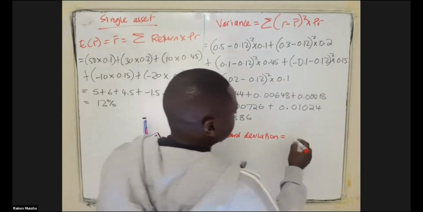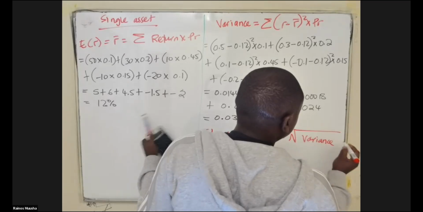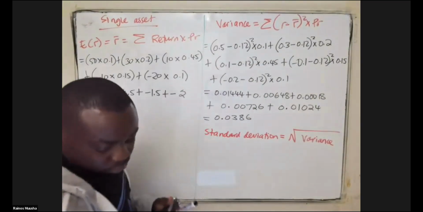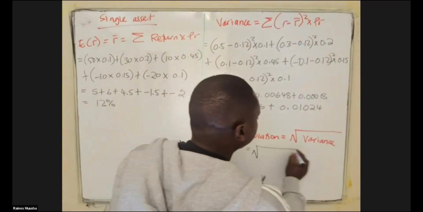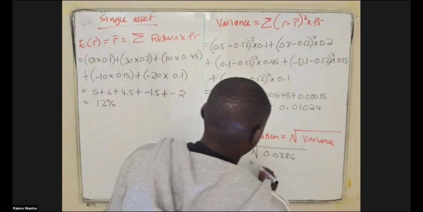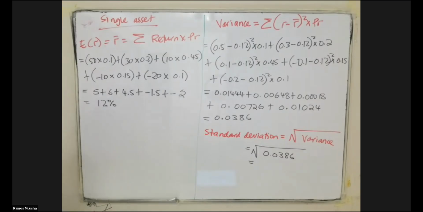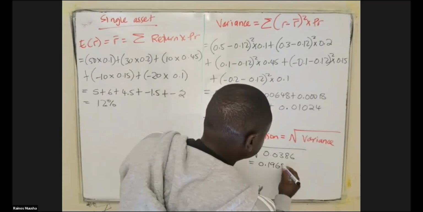Then your standard deviation is equal to the square root of the variance. So in this case, your standard deviation is going to be the square root of the variance as a decimal of 0.0386, and you get an amount of 0.1965.